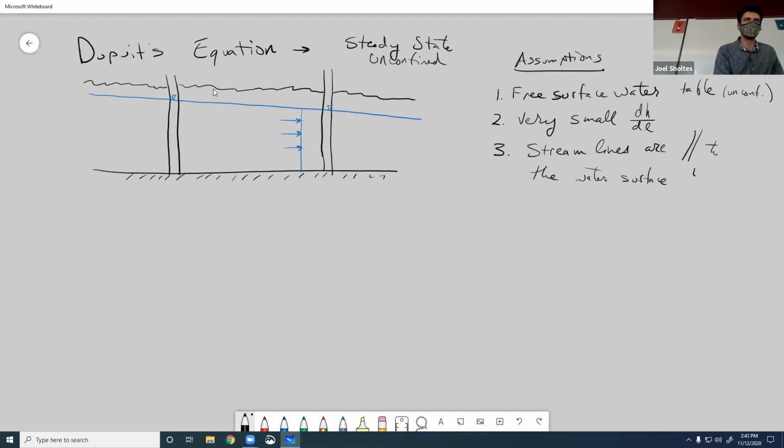Streamlines are symbolized by the symbol psi. And then equipotential lines, symbolized by phi, are perpendicular.